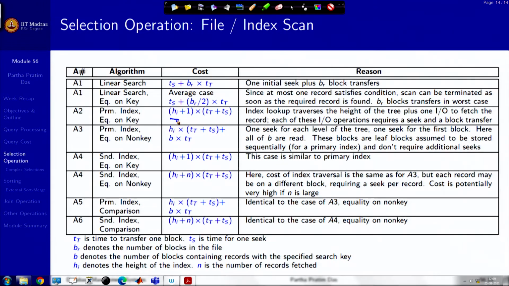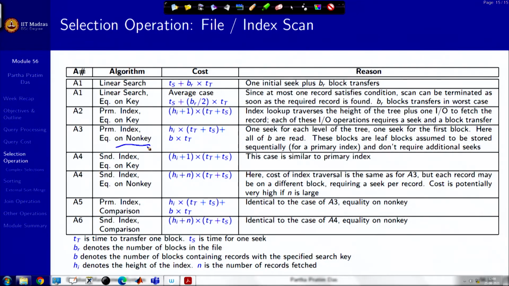So, you have hi plus 1 number of operations to be done. Since you are using an index, they are not going to consecutive places, they are going at different places. So, every operation will need a seek and transfer time. You would expect this to be much less than what you find in the linear search, because h will be significantly small, maybe 4, 5, 10 like that.